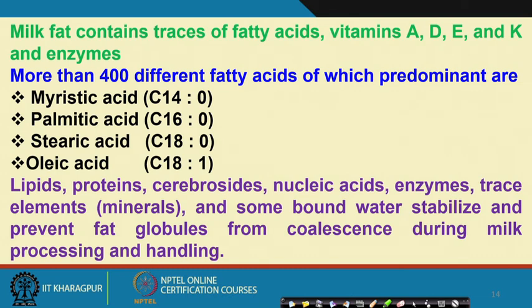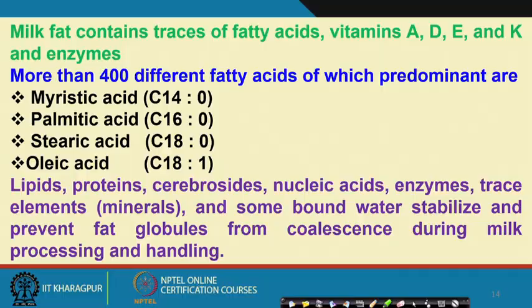Lipids, proteins, cerebrosides, nucleic acids, enzymes, trace elements like minerals, and some bound water stabilize and prevent fat globules from coalescence during milk processing and handling.